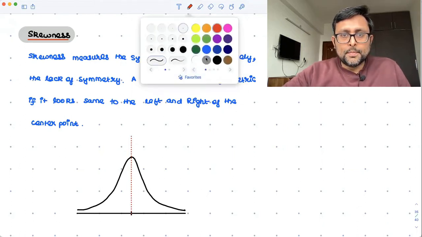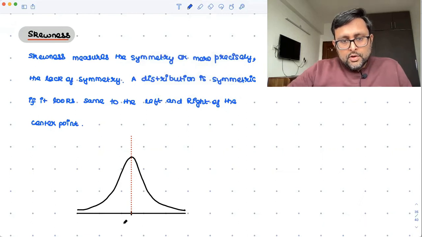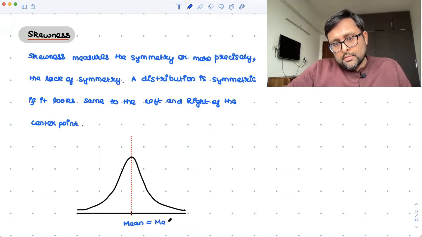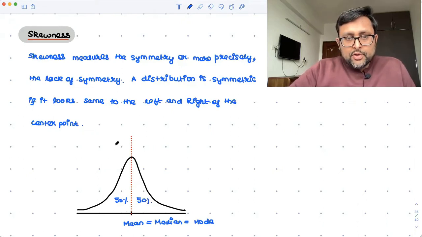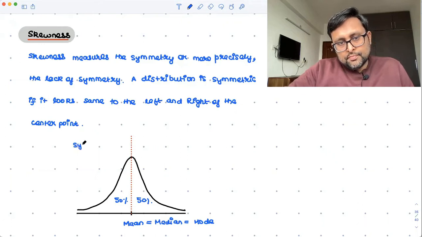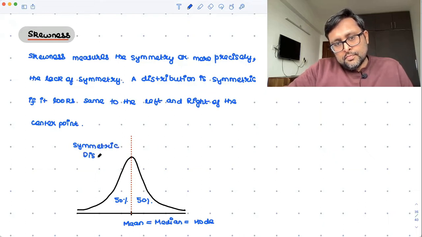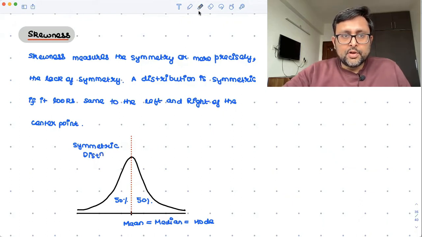And here, your mean, median, mode are coinciding with each other. So 50% of the values to the left, 50% of the values to the right, right? So this is a very symmetrical distribution.